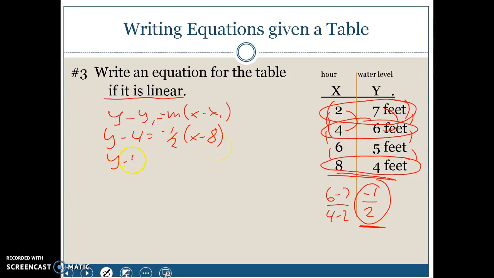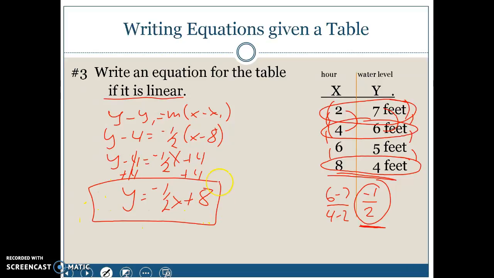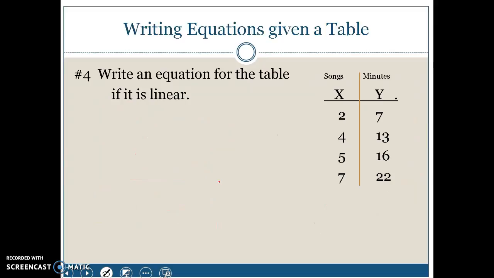And so I'm going to have y minus 4 equals negative 1/2 x, and then negative 1/2 times negative 8 is positive 4. So then when I add 4 to both sides, I will have y equals negative 1/2 x plus 8, which means this pool must have started out with 8 feet of water, and it's losing a half of a foot every hour. And there's our equation.